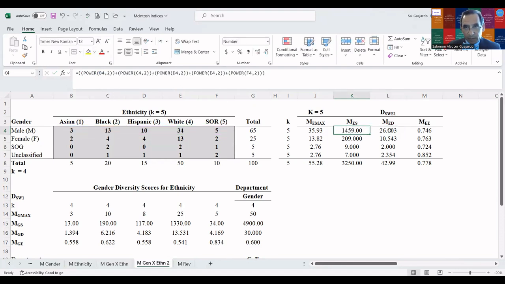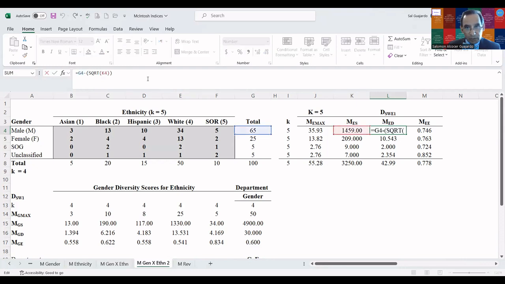and that gives me 1,459. Then in order to get the diversity score, it's going to be the total number of individuals, 65, minus the square root of K4, and K4 again is the similarity index, which is 1,459. So that gives me a diversity score of 26.83.